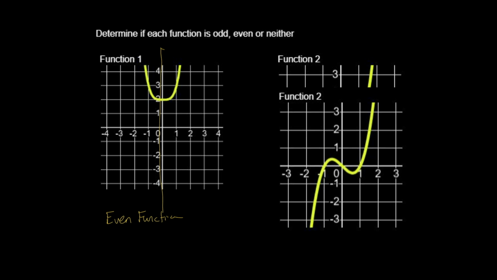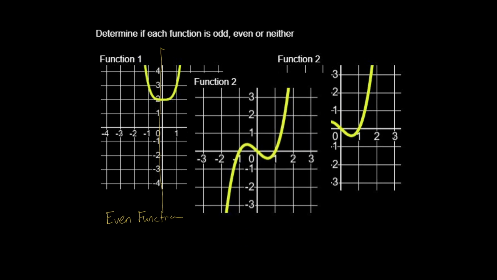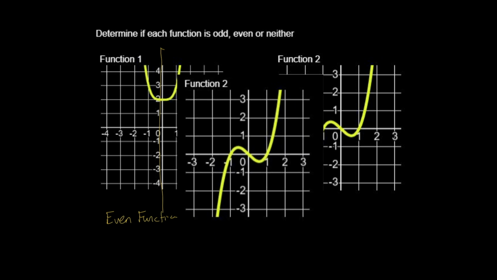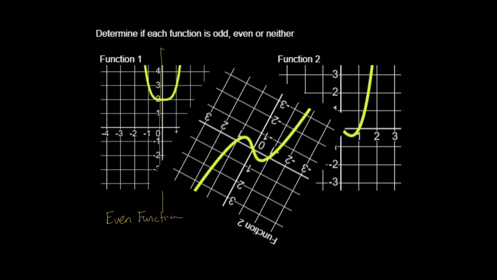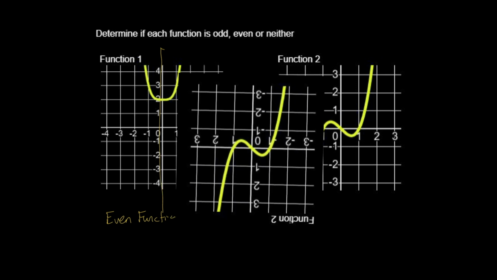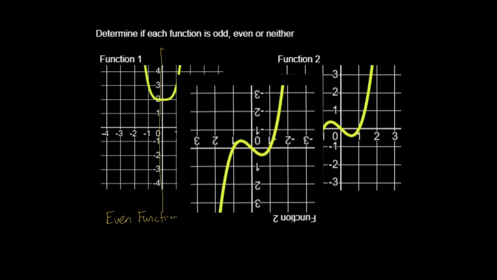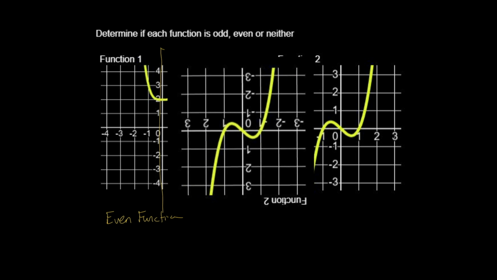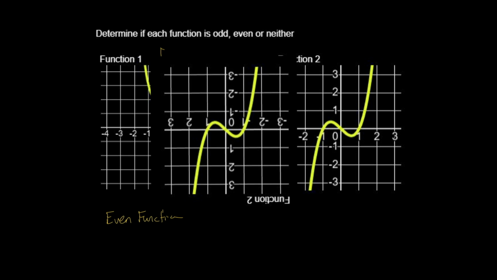now the test for odd is that it has rotational symmetry about the origin. So if I rotate this, make it bigger, there we go. Rotate it 180 degrees, and hopefully I can get it pretty good there. If I rotate 180 degrees, you can see that the shape is the exact same shape and located in the same exact position.